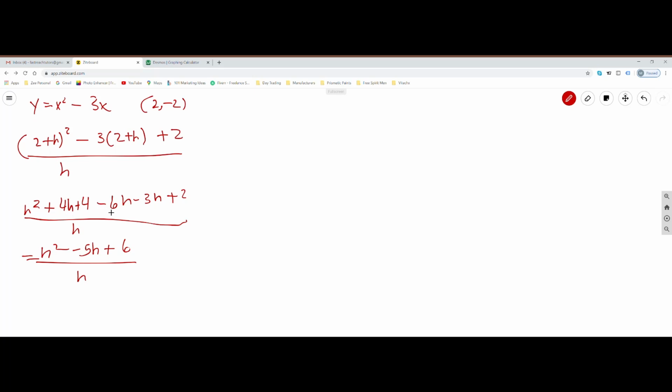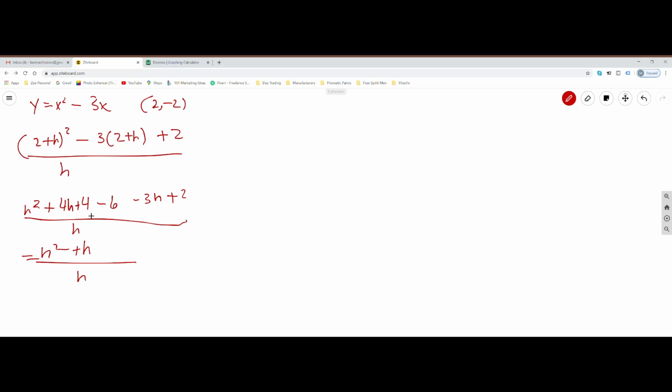So that's 4 minus 6. Oh, sorry, minus 6, not 6h. Minus 3h, yeah. So this one, left with h squared plus, no, plus h.